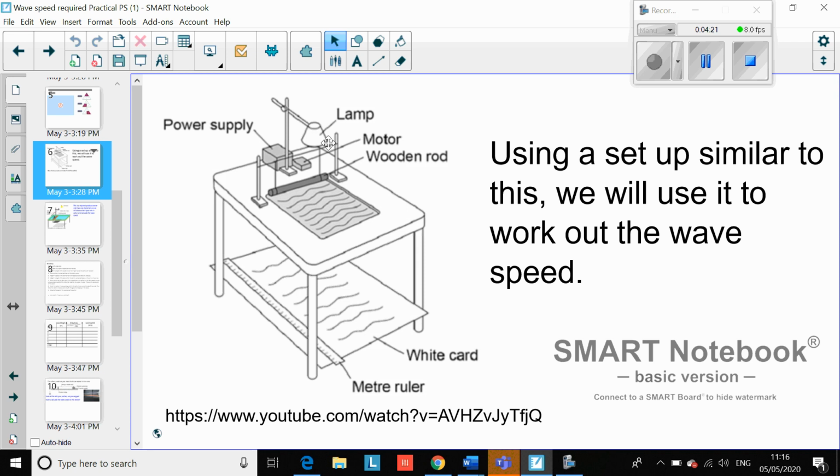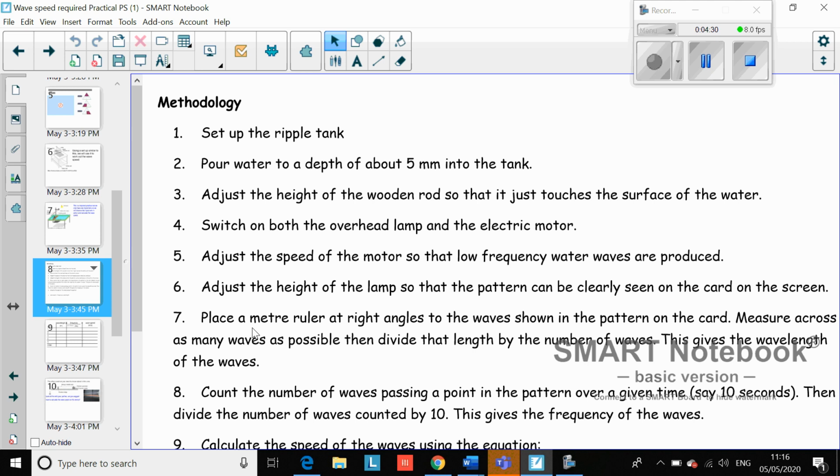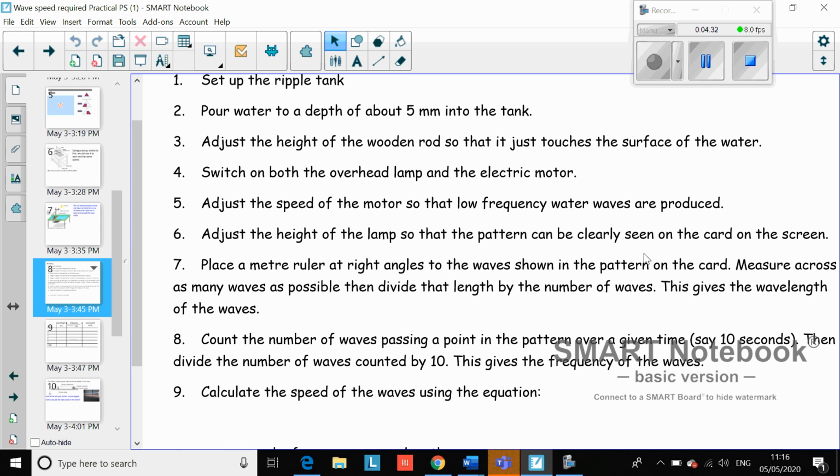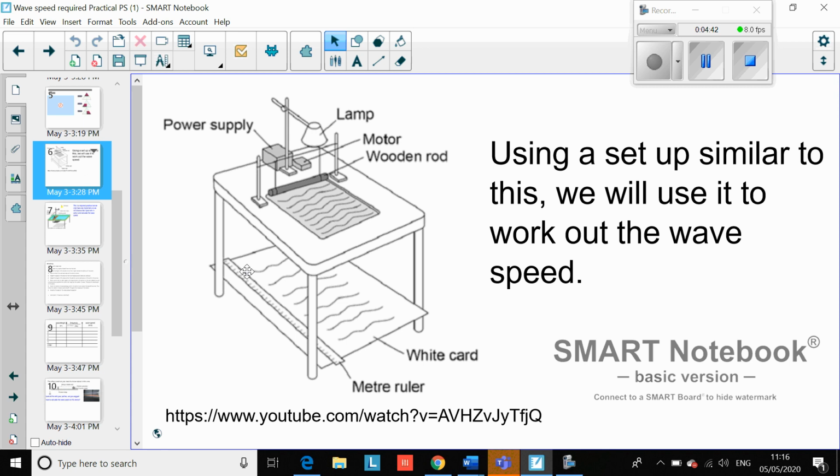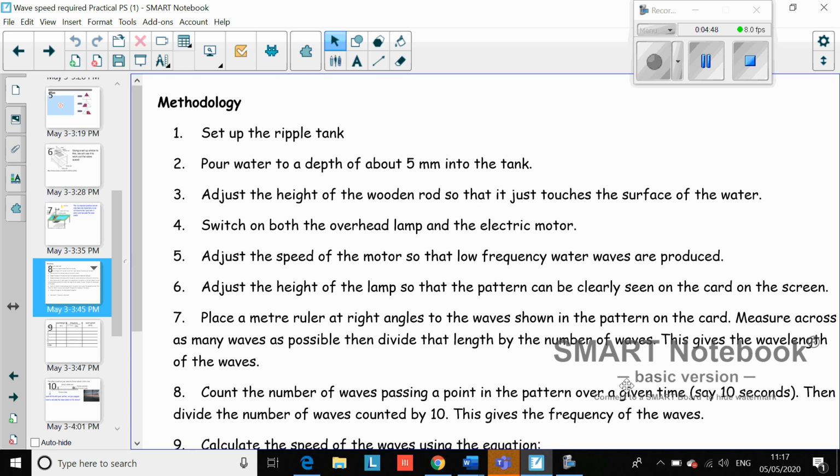So if you set up a strobe light, it is very simple to take the ruler and measure the wavelength. Going back: place a ruler at right angles to the wave on the card, measure across the waves, and divide that length by the number of waves. What they're suggesting here is that you measure that entire length and then try and count how many waves. That's going to be difficult. I would recommend you use a strobe light of sorts.